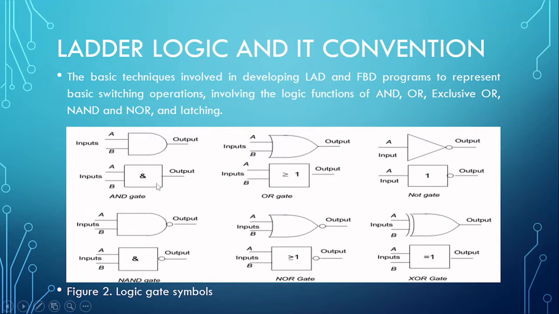The diagram here just shows the function block equivalent of this logic here. So you have the ampersand sign in this block showing that this is an AND gate or an AND logic.